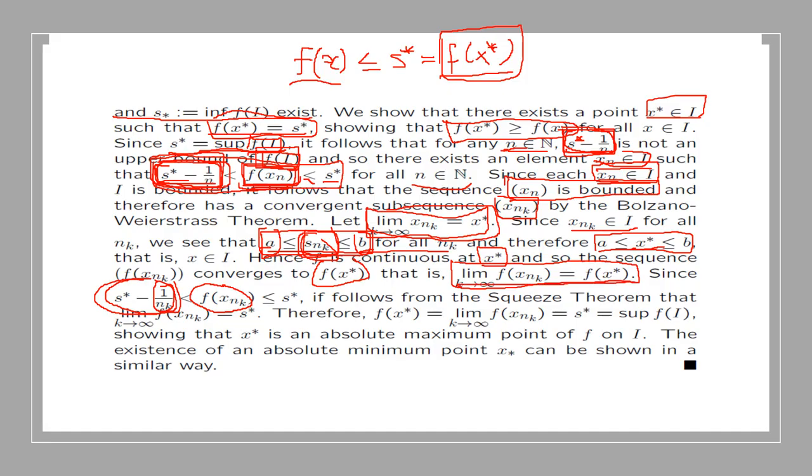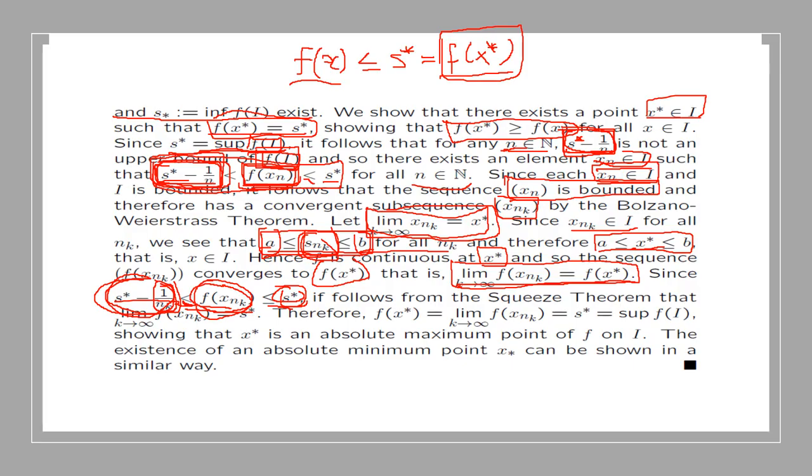And the limit here will be S star. So you have S star is less than or equal to f of x star, and this is less than or equal to S star.